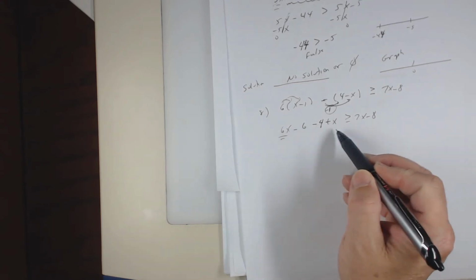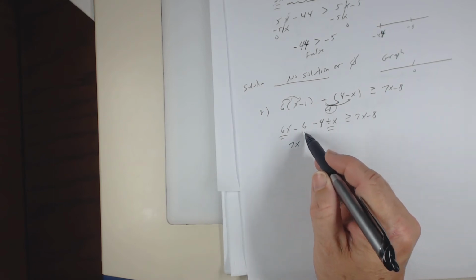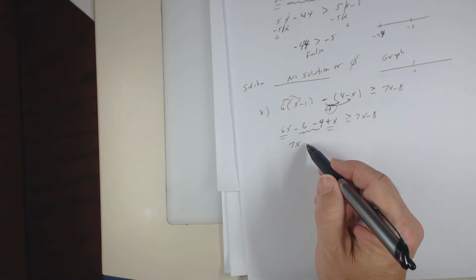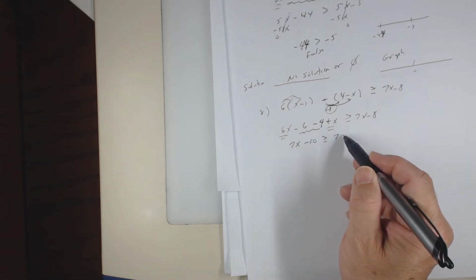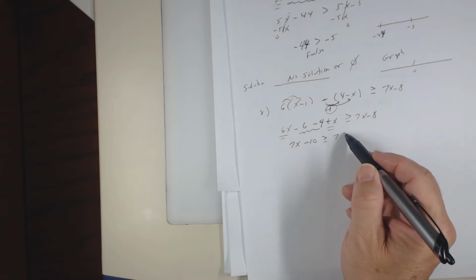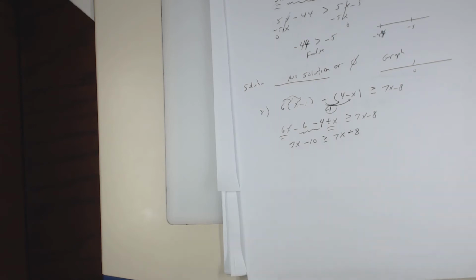Combine like terms. What's 6x and an x? What's a negative 6 and a negative 4? Negative 10, right? Is greater than or equal to 7x minus 8. What's the next step?